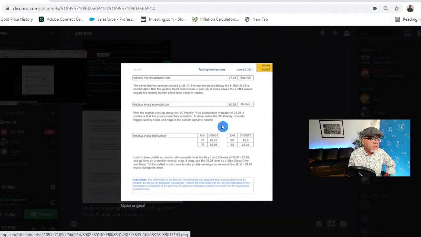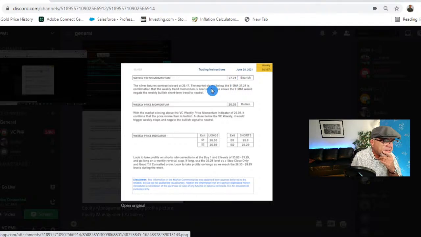And so here, it tells you that the silver futures contract closed at 26.17. The market closed below the 9-week moving average filter of 27.21. Therefore, the trend is bearish. This is confirmation that the trend is bearish.